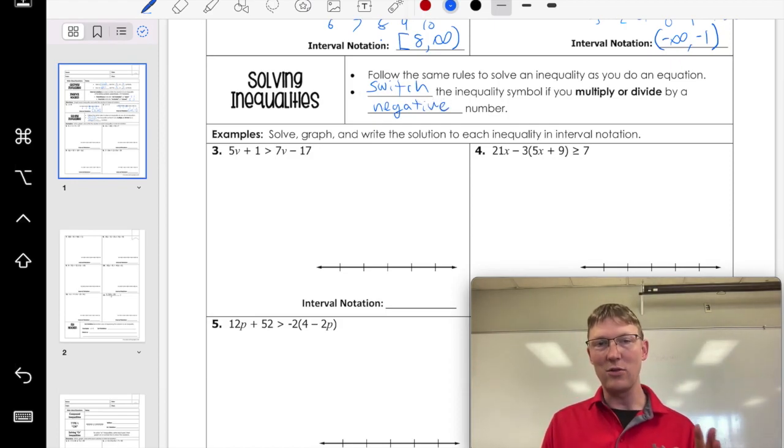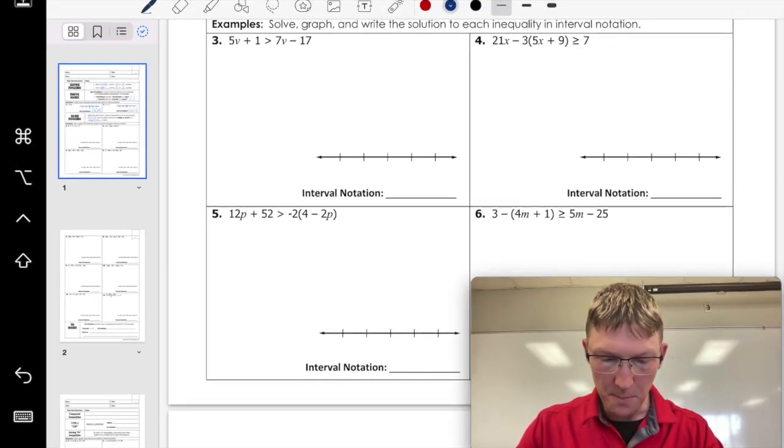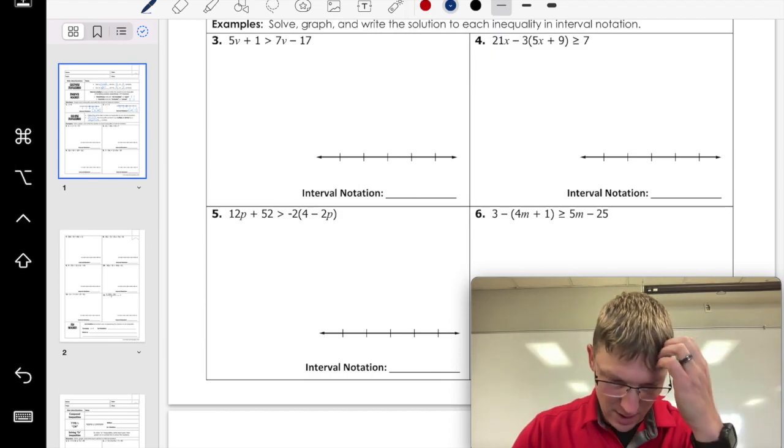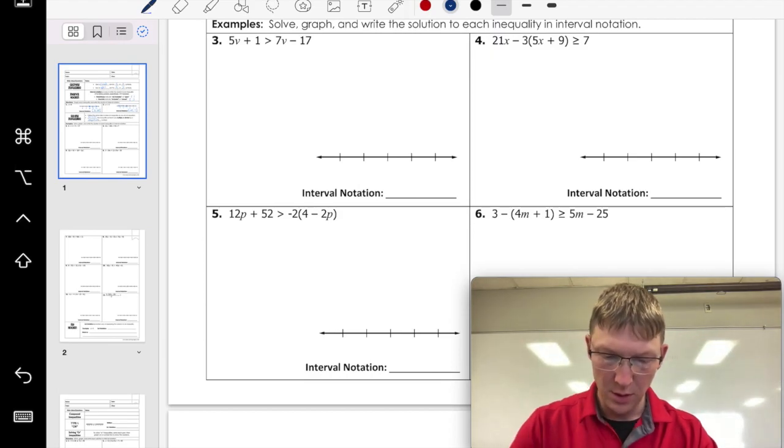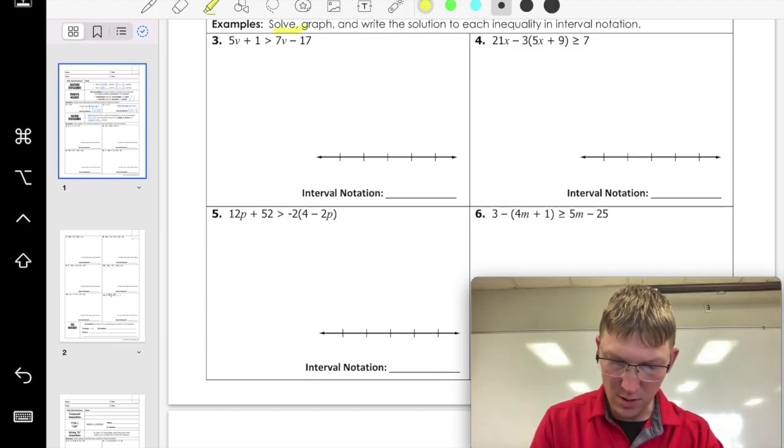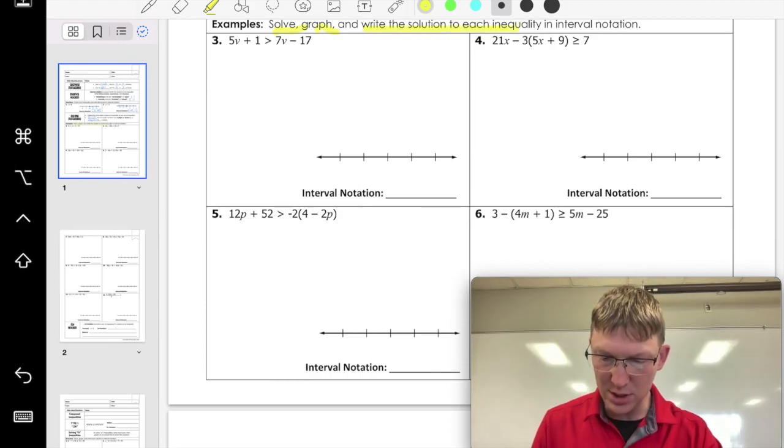So it's really important that you keep track of your negative signs because they can make your inequalities switch back and forth. So what does that look like? We're here on number 3, and we are trying to solve, graph, and then write the solution of each inequality.